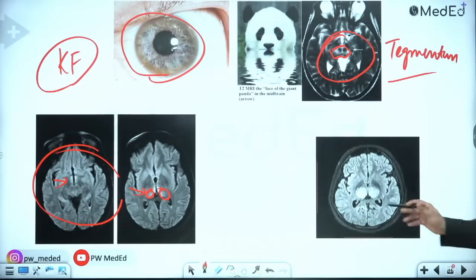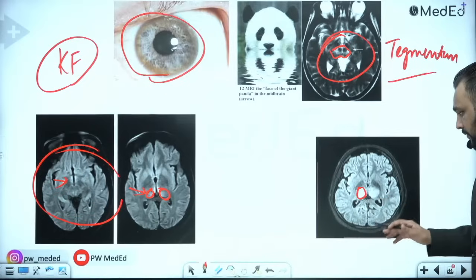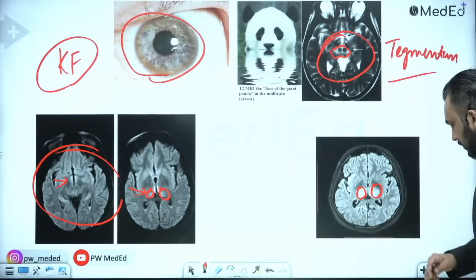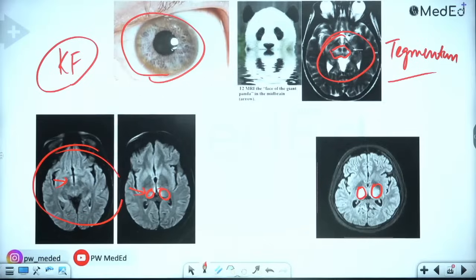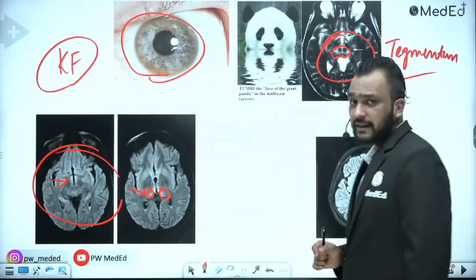And in Japanese encephalitis, we will see hyperintensities involving the basal ganglia and bilateral thalami, T2 hyperintense lesions in both the basal ganglia.